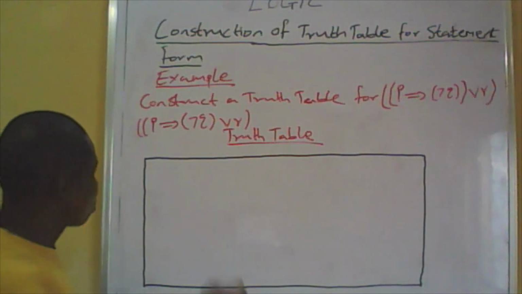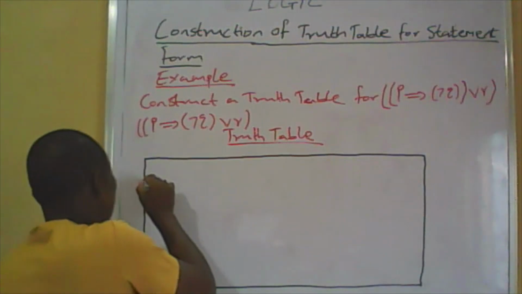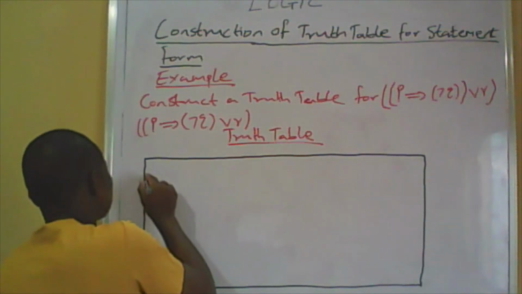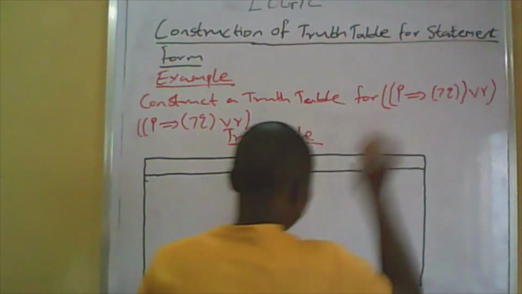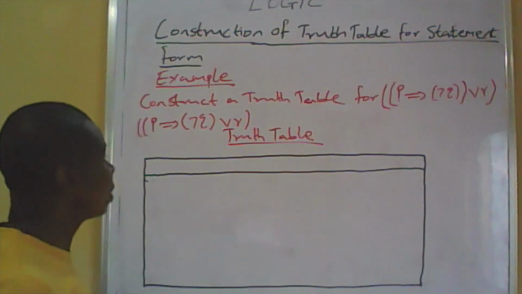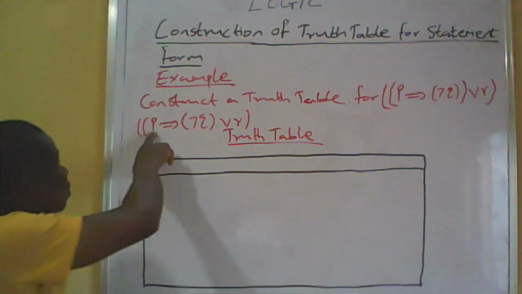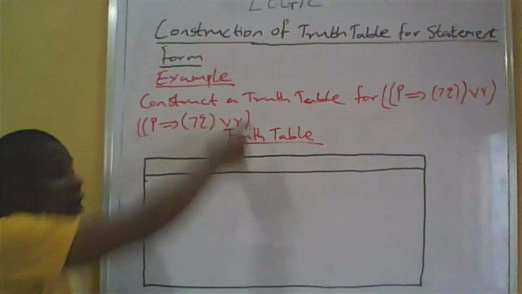You draw another horizontal line to create our row for the statement. Very good. Having drawn it, we know that our statement is P implies not Q or R.